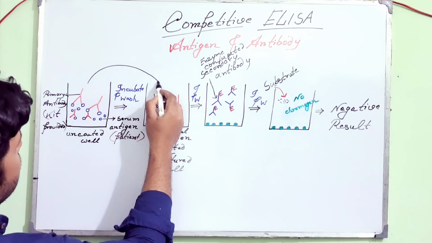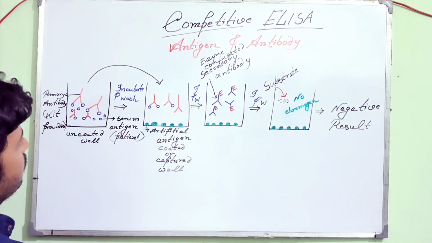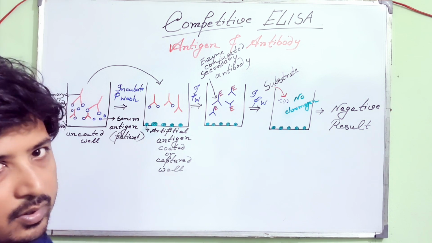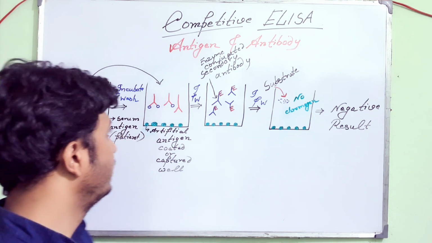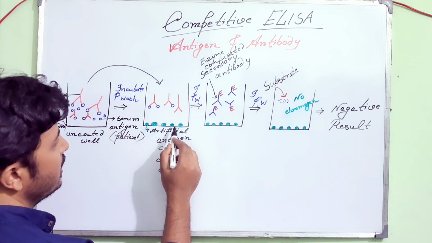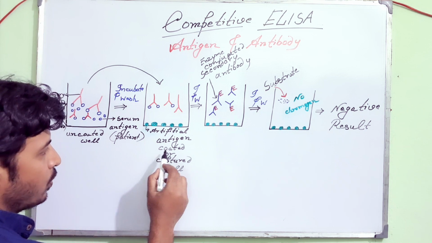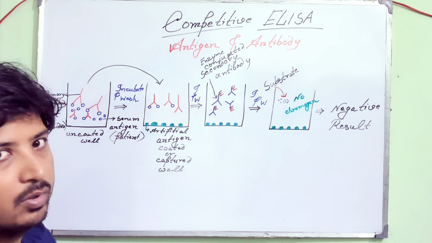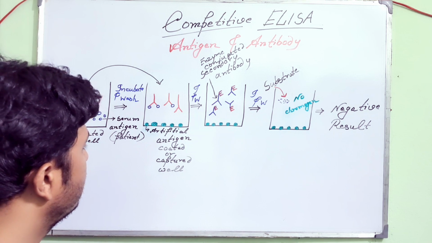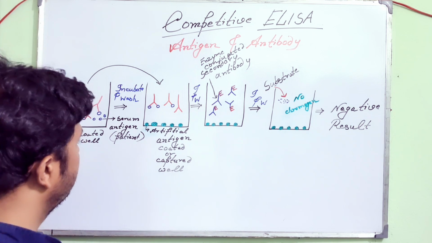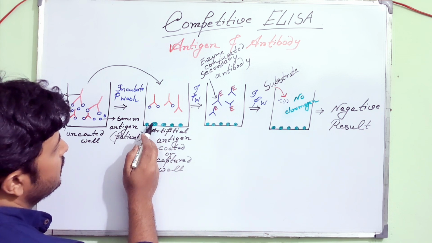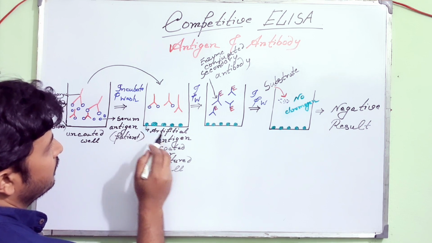this solution will be given to the next well, in another well. Now this well is coated with artificial antigens, or you can say antigen captured well. This green color dots are the antigen.